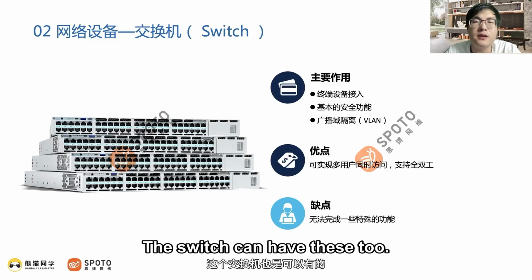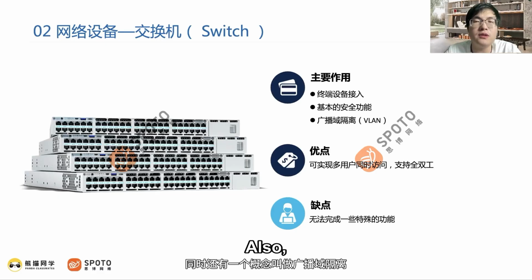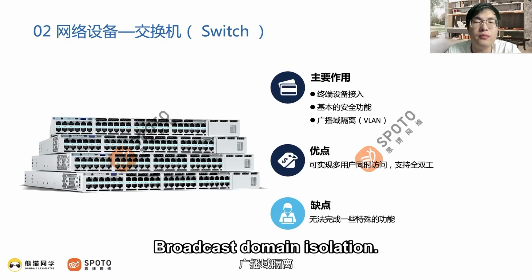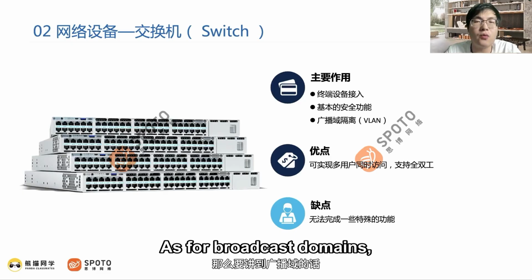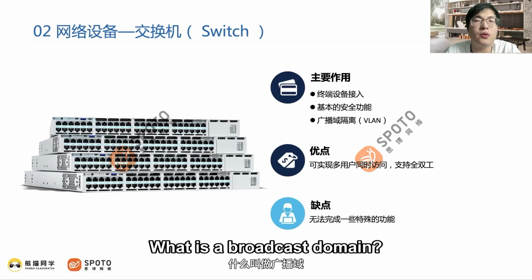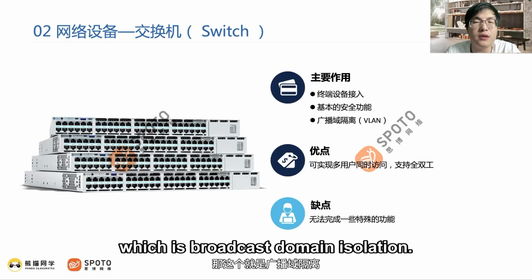Most switches have them. Also, there is a concept called broadcast domain isolation. As for broadcast domains, I will explain them in detail later. What is a broadcast? What is a broadcast domain? Switches can divide the broadcast range, which is broadcast domain isolation.